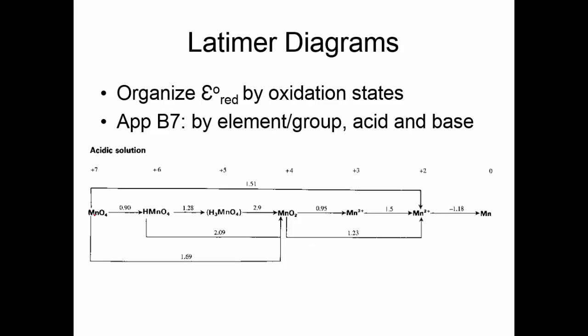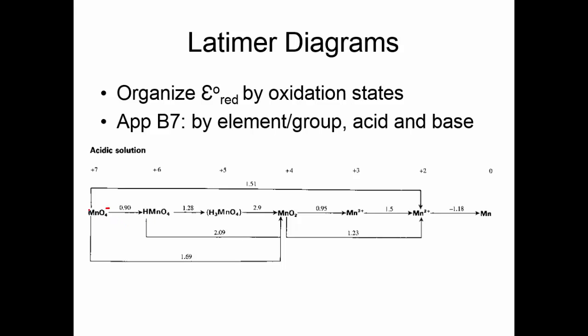look it up in the Latimer diagram rather than your Gen Chem textbook, which listed everything by standard reduction potential rather than by element. For the element manganese, under acidic conditions, the different oxidation states that are possible, that's why I'm showing this, because manganese has quite a range from positive 7 in permanganate all the way to 0 in manganese metal. And these lines here are showing what the standard reduction potential is going from this oxidation state to this oxidation state.